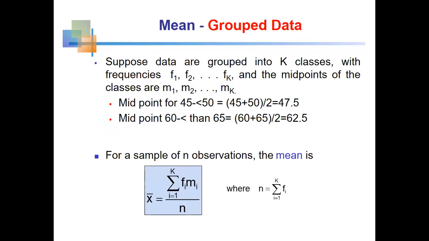Next, group data. Okay, group data. So group data is different from a frequency distribution table or raw data. Group data here is usually in the form of intervals, in the form of classes. If you look at the same formula here, this is the formula for sample mean.